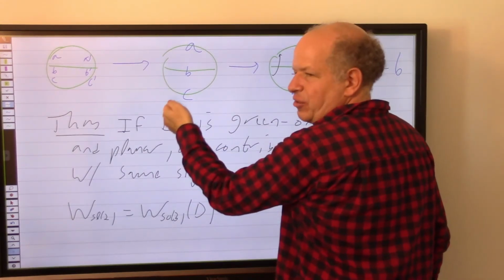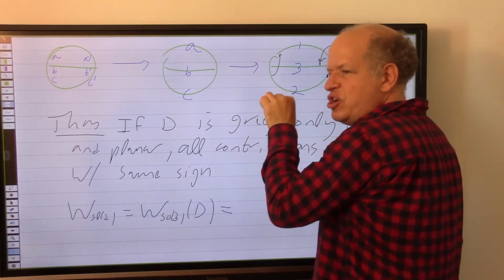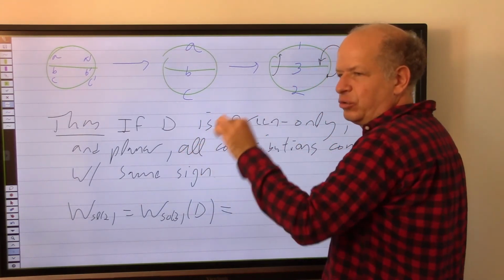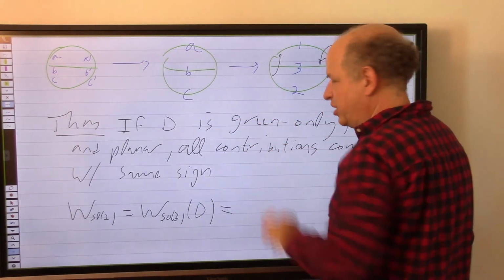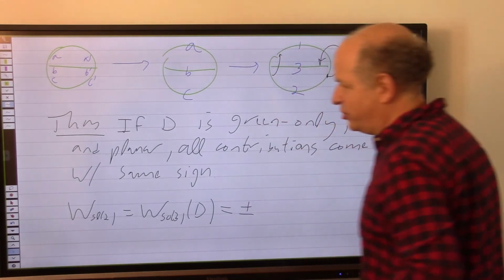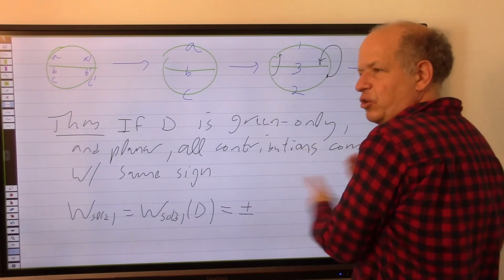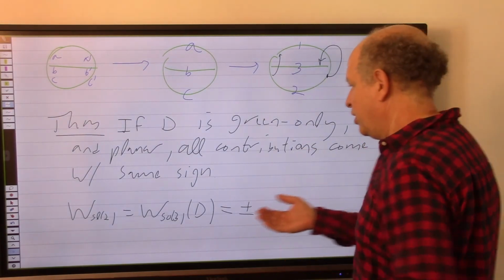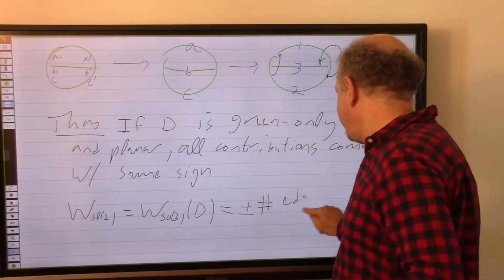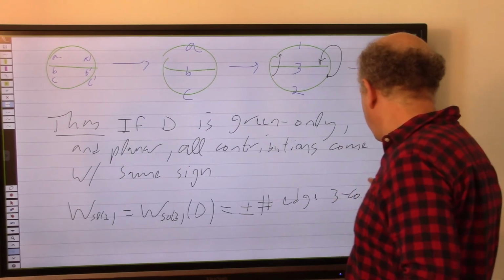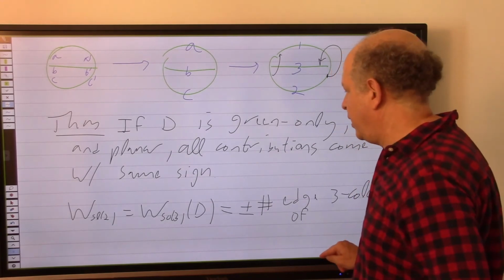An edge 3-coloring is when you color the edges with 3 colors, and no 2 edges that meet in a vertex have the same color. So this is really always plus or minus 1, and since all of these contributions come with the same sign, there are no cancellations. So this is simply plus or minus the number of edge 3-colorings of the diagram D.